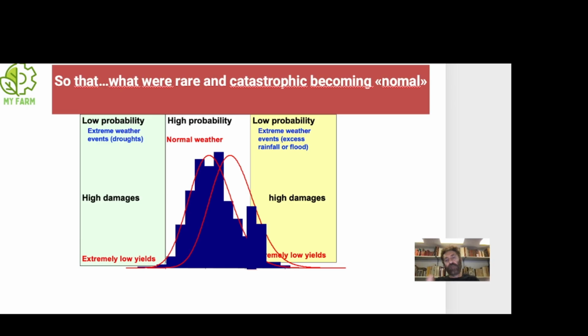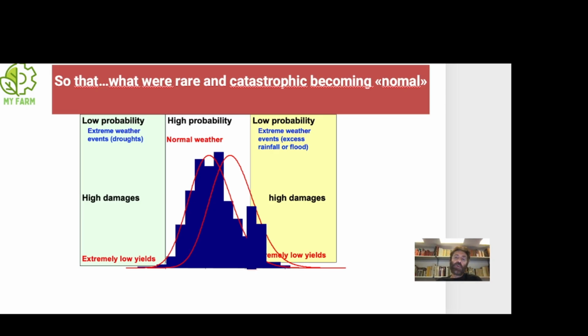So this shift to the right of the normal Gaussian distribution has the effect of giving more frequency, more probability, to extreme events that before the trend of climate change we had in the queue of the first normal distribution.